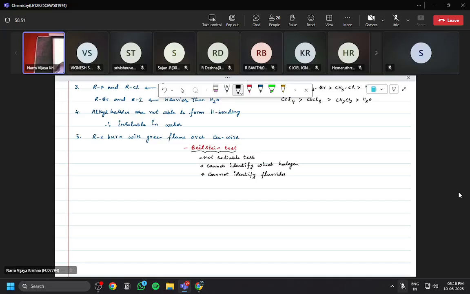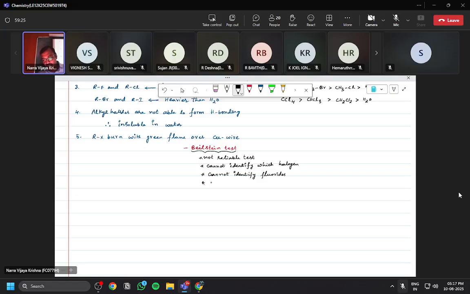Then you add some amount of sand, silicon dioxide. Silicon dioxide with HF forms H2SiO3, a turbid gelatinous solution. If you add a drop of NaOH, you get sodium silicate, Na2SiO3. Then if you add a drop of any colored salt, you will get silica gardens. This confirms fluoride. HF has the ability to dissolve silicon dioxide. We call it etching of glass, to give designs on the surface of glass. So the Beilstein test cannot identify fluorides.